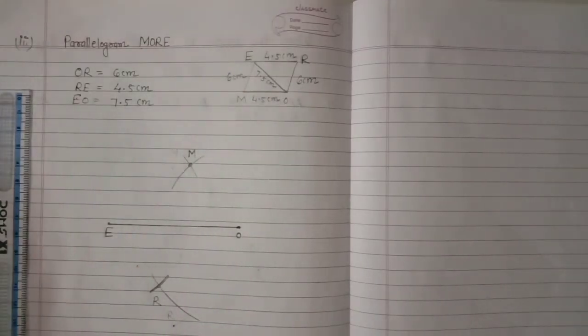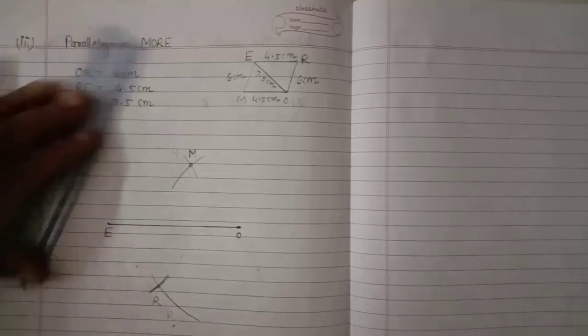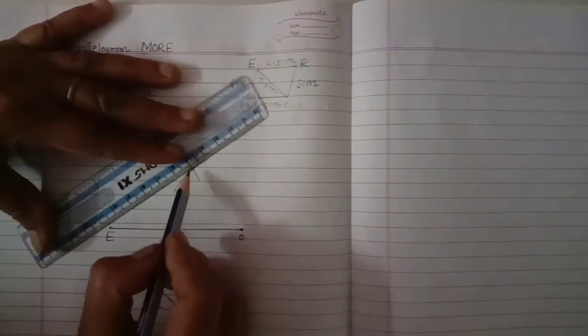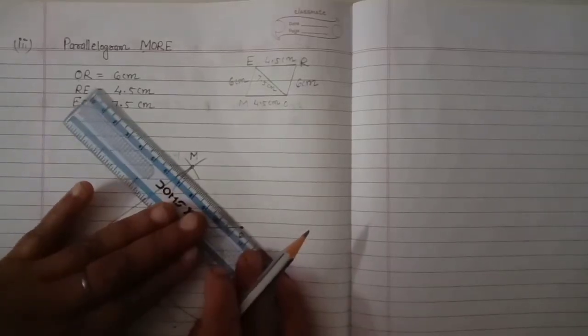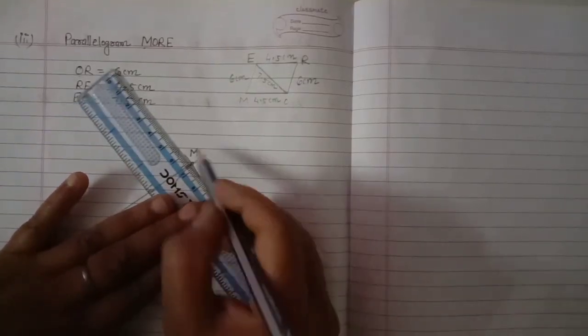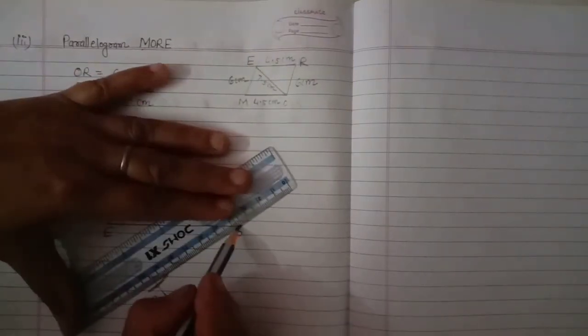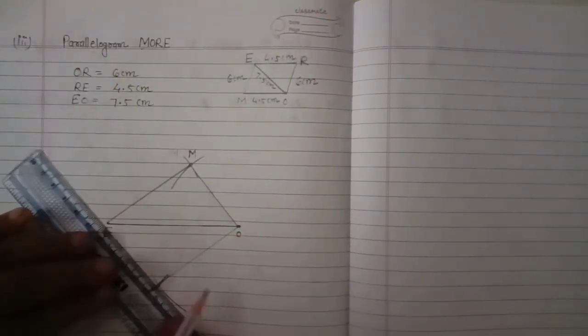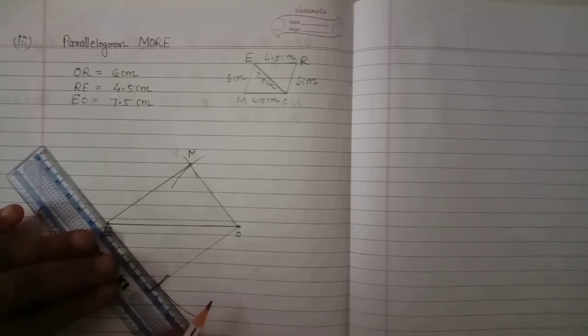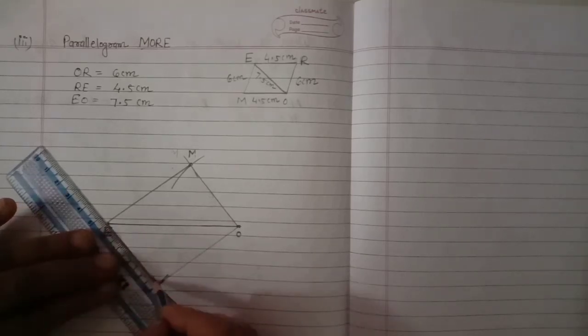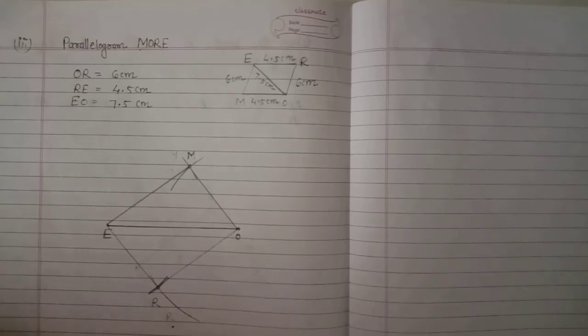Okay, now we will join the line segments. First we will join EM, next MO, then OR and ER. Then we will write the measurements of each side.